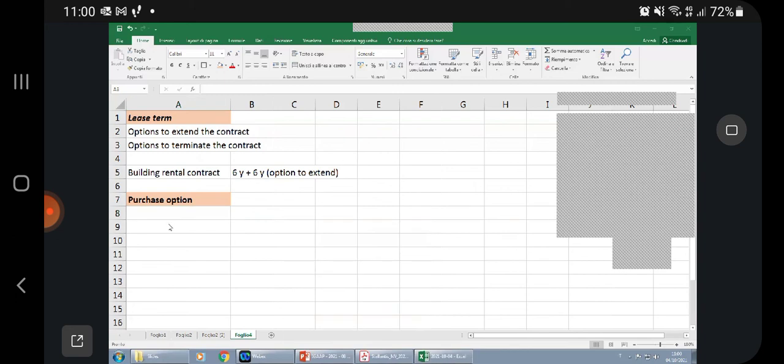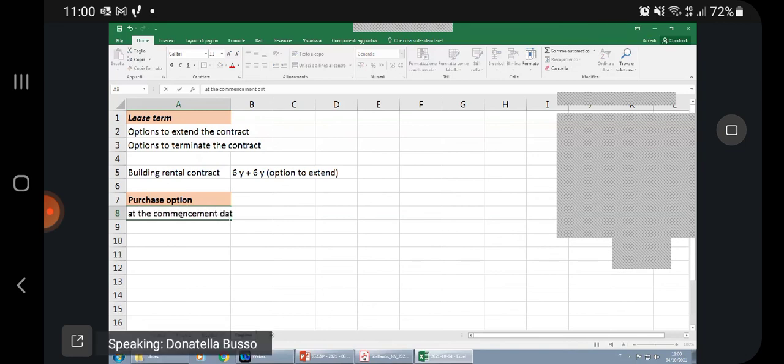So at the beginning, at the commencement date, the lessee has to assess how probable it is to exercise or not the option. So at the end there are two different situations.